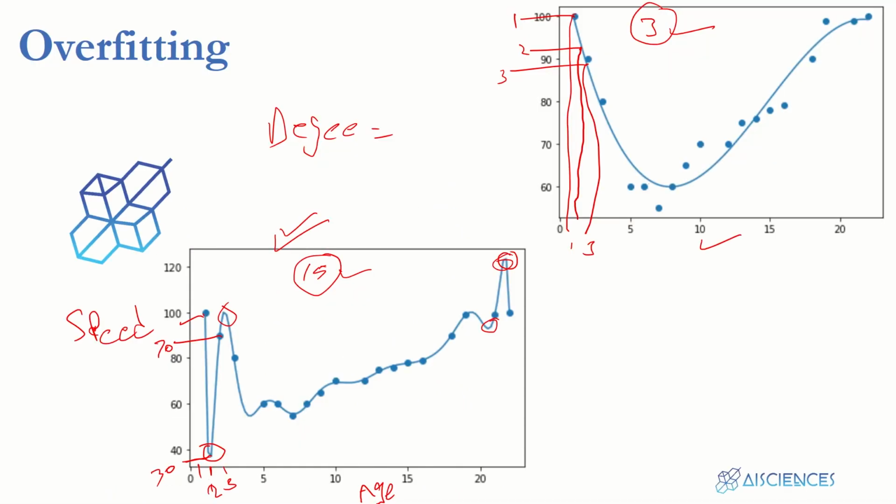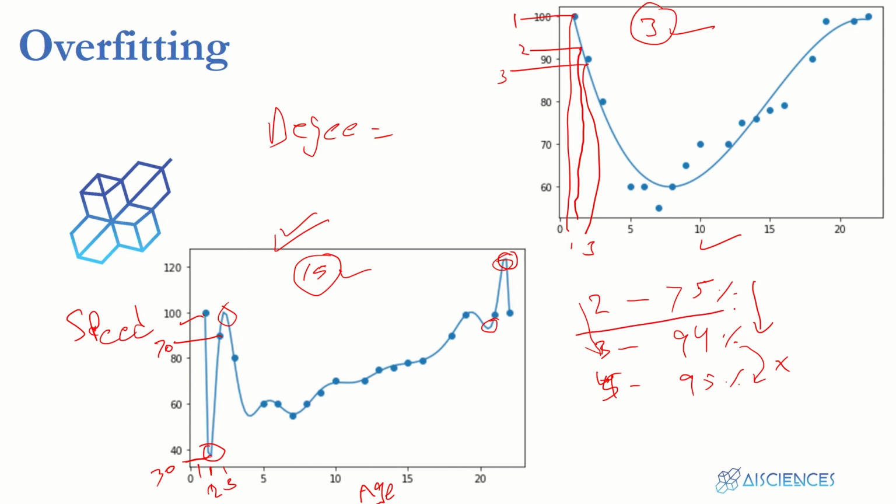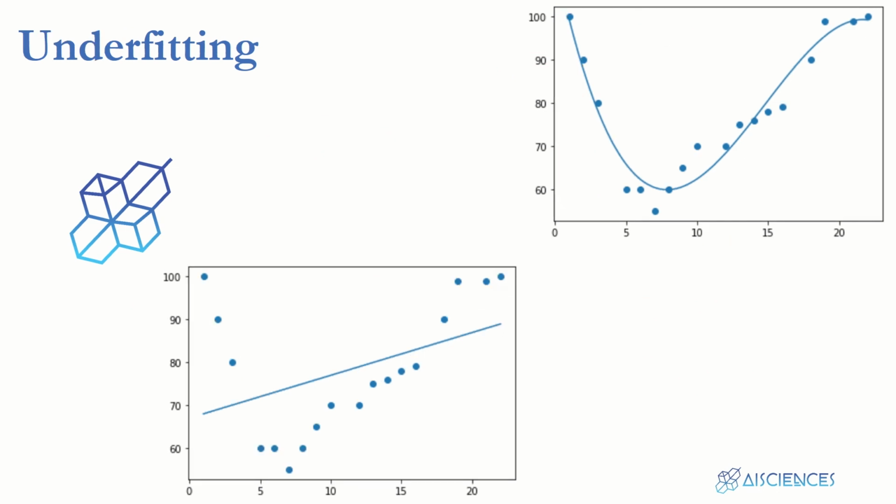R2 score on 3 is 94%, and on 5 is 95%. So from 2 to 3, R2 score changed drastically, but from 3 to 4, R2 score wasn't changing a lot. So wherever you see that there is not a lot of change, you can stop over there at the best value. That's one heuristic that people usually use.